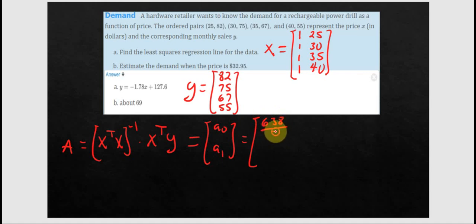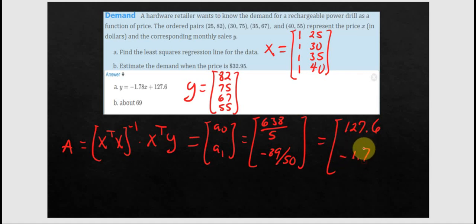It's over 5, and then this is negative 89 over, it looks like 50. And so that is 127.6, and this number here is negative 1.78.